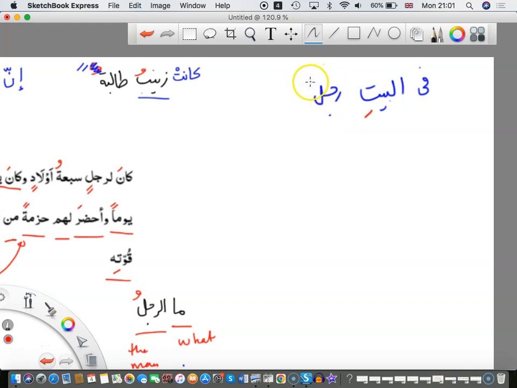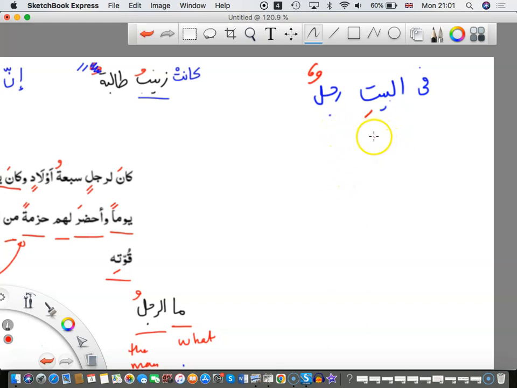Single dhamma, double dhamma? Double dhamma. Yeah, double dhamma. If I say to you in the exam, why do you put a double dhamma on rajul and not a single dhamma? What's the answer? Yeah, because it doesn't have alif lam at the beginning. Or it's not the first word of the mudaf. Fil bayti rajul. Okay, that's correct.